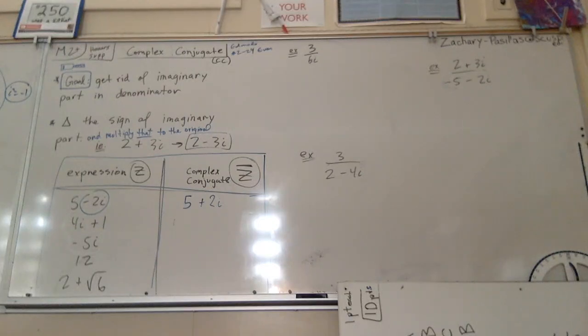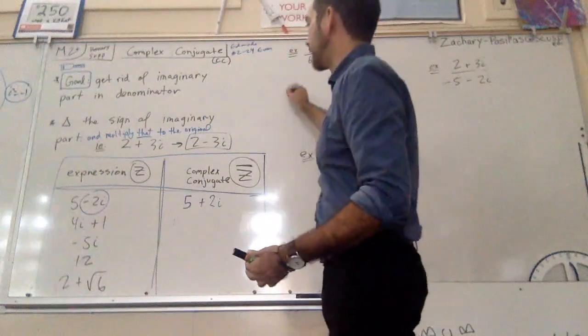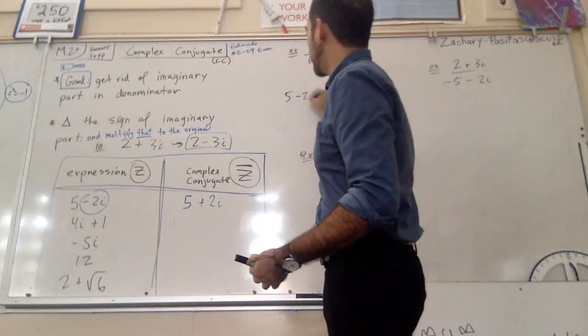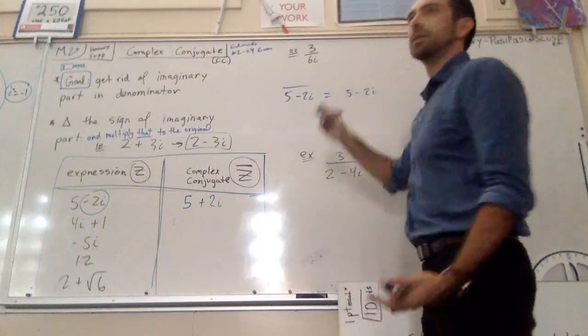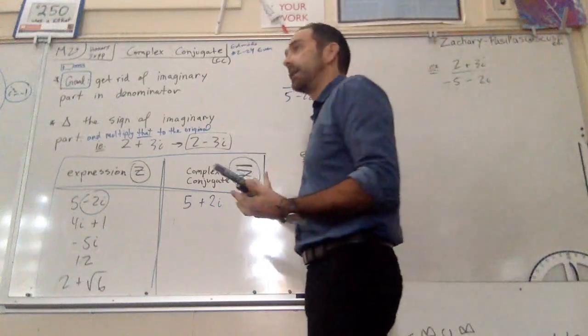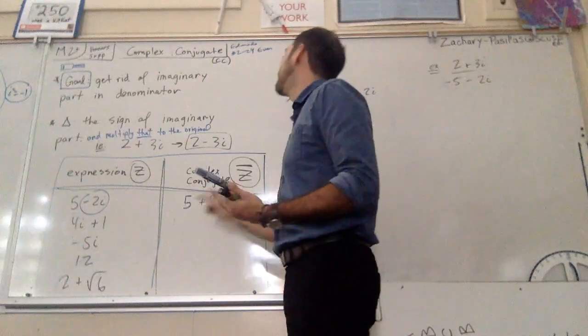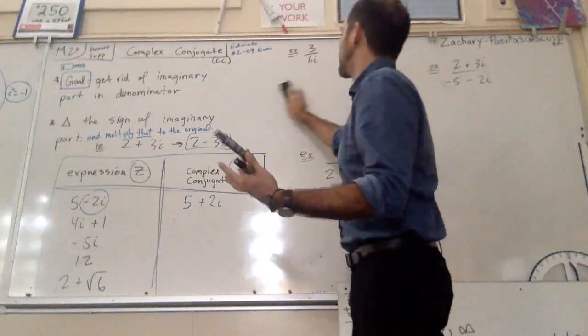There's a couple other places it comes up, but we're just going to use that. When you see z bar, it's saying it's the complex conjugate. Essentially what we just did was the bar of 5 minus 2i equals 5 plus 2i. So it could be over an entire expression or, given that this expression is z, then z bar is the other answer. It's just symbology.